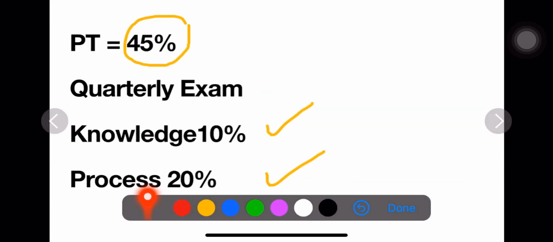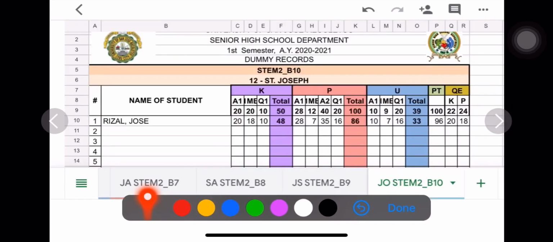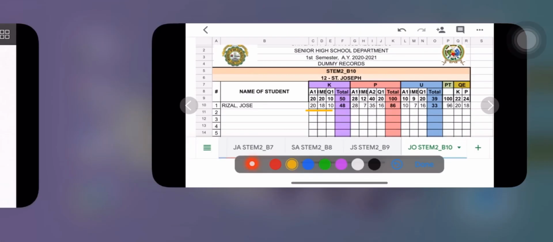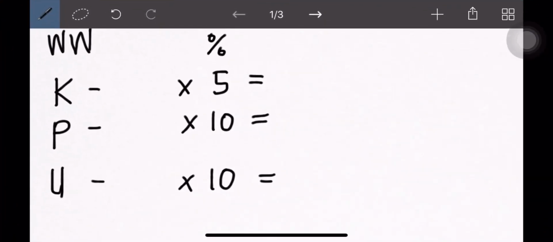Right? So now let's compute the grade of Rizal. So you have here the scores of Rizal, 20, 18, and 10. So a total of 48 in knowledge. Okay, so we're gonna input that in our record. So you have your written works, and then below are the different percentages. For the knowledge, that's 5.